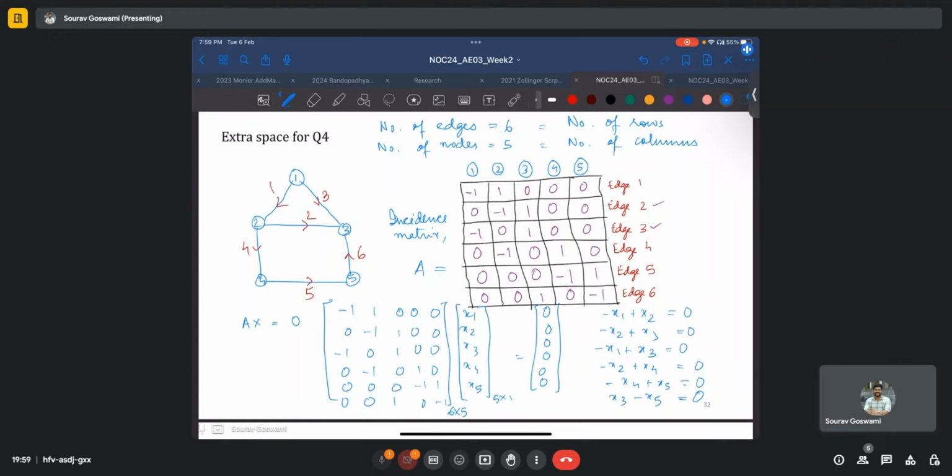But another solution, so the null space is what I'm talking about, is x equal to 1, 1, 1, 1, 1, or in more general terms, any scalar multiple of this. We put all of them equal to each other, and this turns out to be true. If we put them all to 0, of course, it is trivially true.